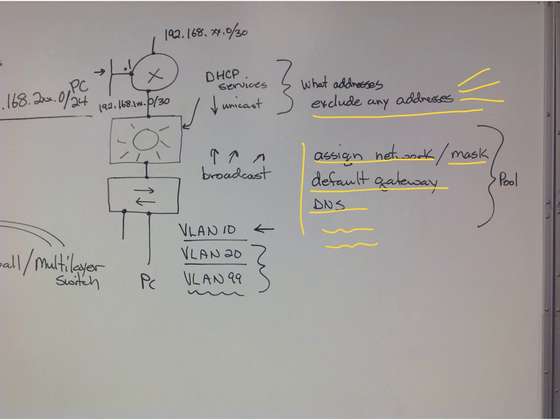Okay, there's some other things we can do. We can assign that in the DHCP pool. And then we have the two examples. We have the example here where it's going to use a helper to go get the address up above, and here all the VLANs will get their addresses from the multi-layered switch.